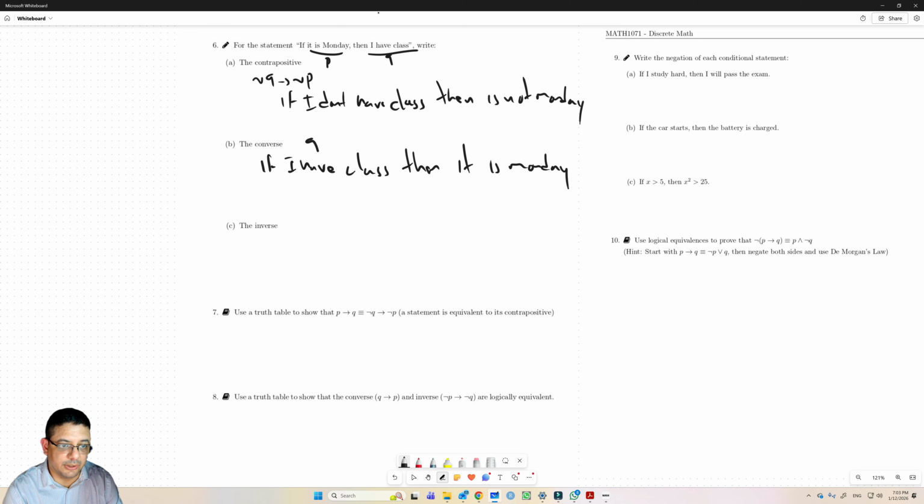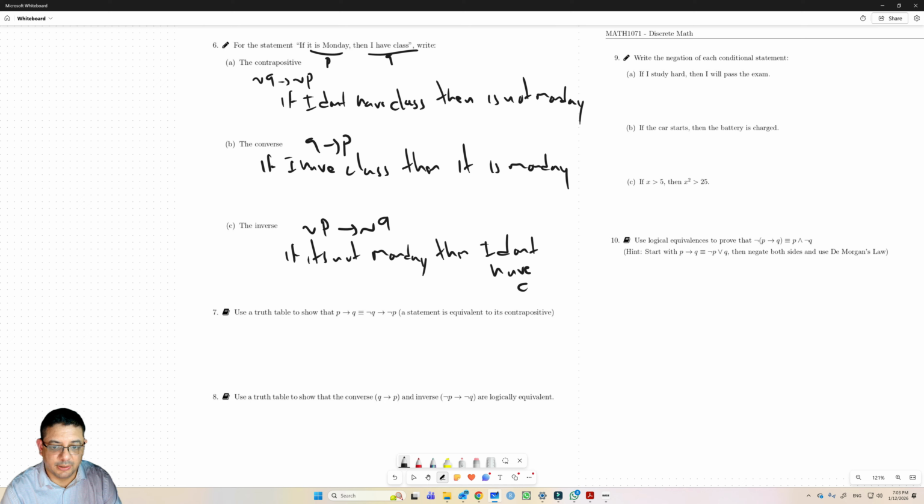Once again, this is Q implies P. And now the inverse will be the negation of P implies the negation of Q. And so it will be if it's not Monday, then I don't have class. A little bit of liberty writing here, but this is how you will go about that.